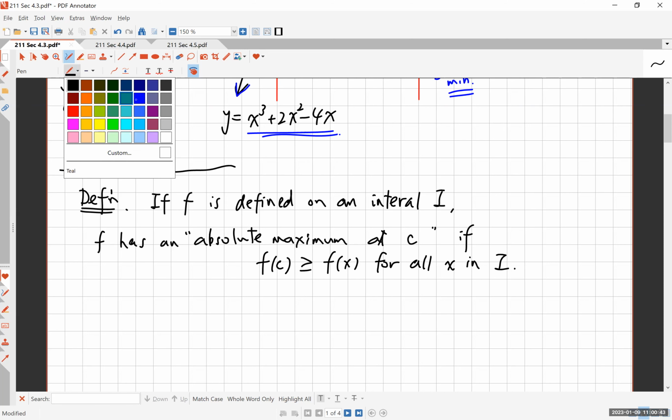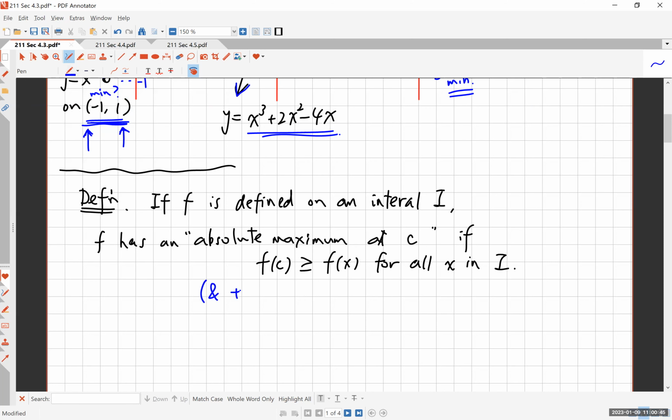I should also say, f of c, the y value, is the absolute maximum.